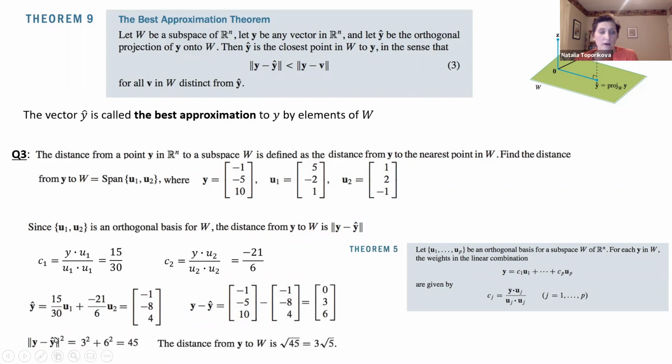This is the square of the distance. To find the distance itself between the vector y and subspace W, we take the square root of 45, which is 3 square root of 5. This 3 square root of 5 is the shortest distance between our vector y and the subspace W.